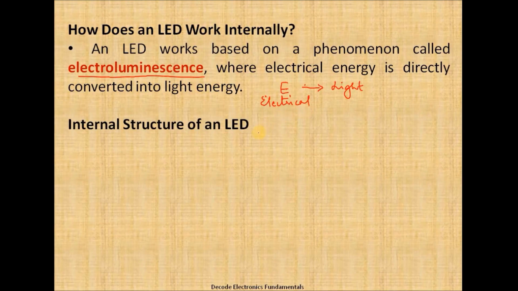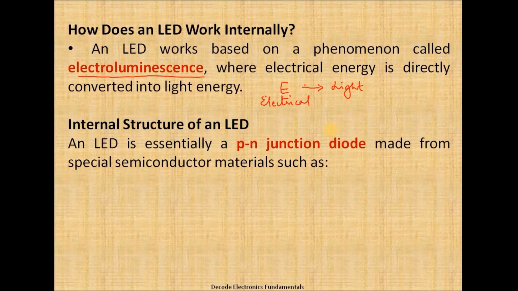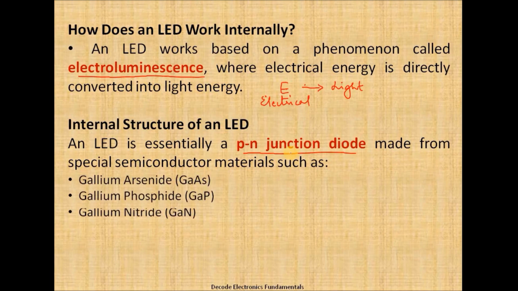Well, how does an LED look internally? As already mentioned, it is basically a PN junction diode. But when we look at the materials with respect to an LED, they are slightly different. A normal PN junction diode which cannot emit light is usually made up of either silicon or germanium.